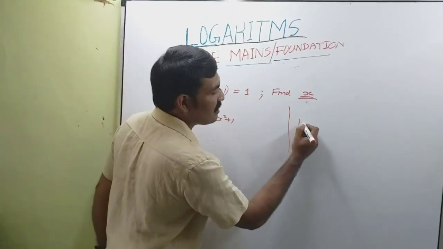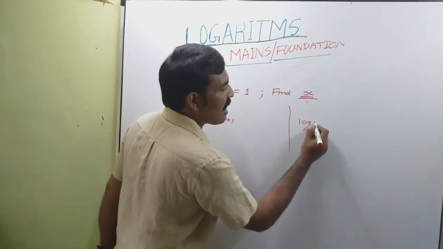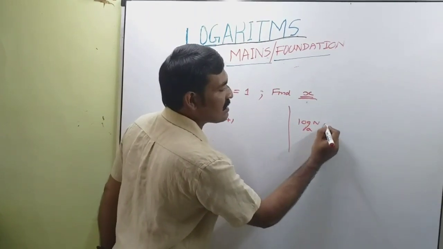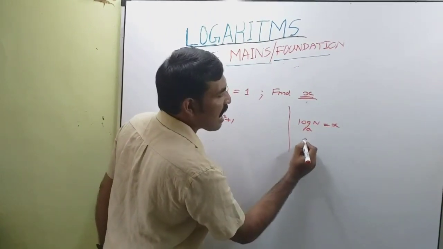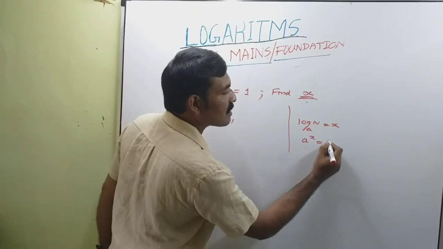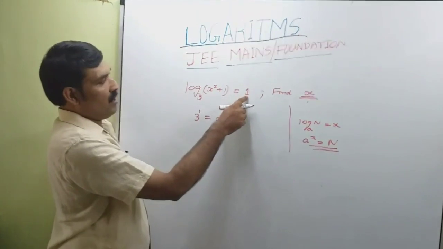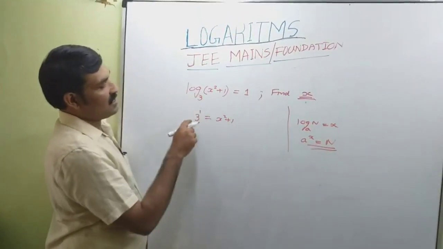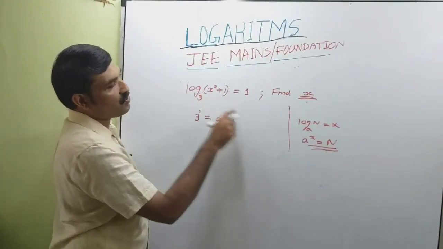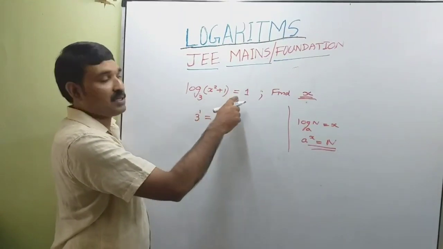Since we know that log n to the base a is equal to x, that means a raised to x is equal to n. Here x is given as 1 and base a is 3. 3 raised to 1 is equal to n, and n is x square plus 1.